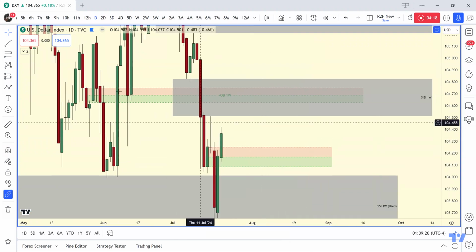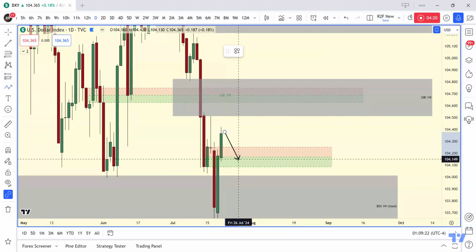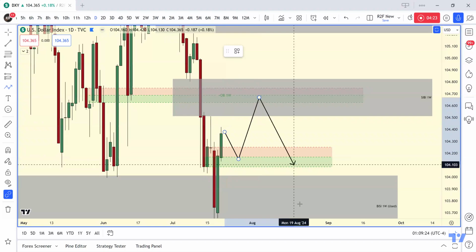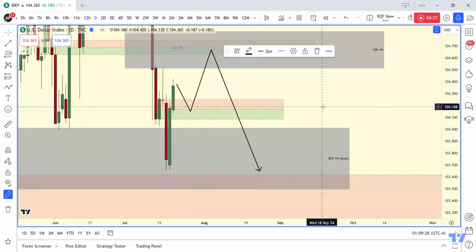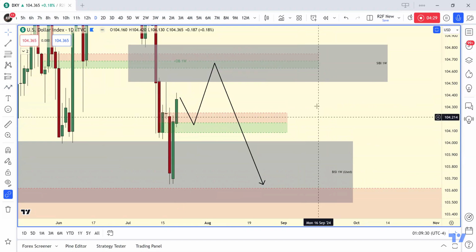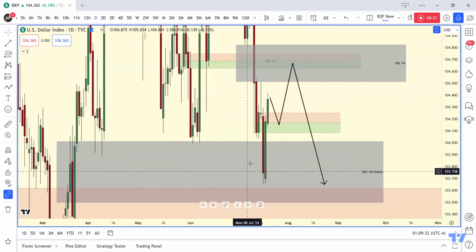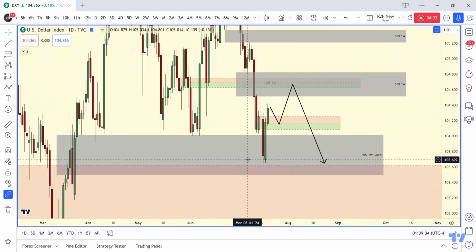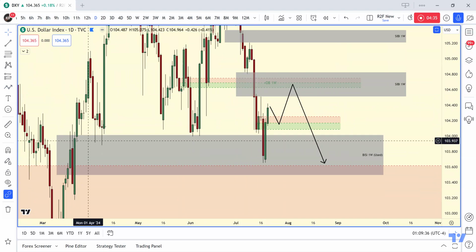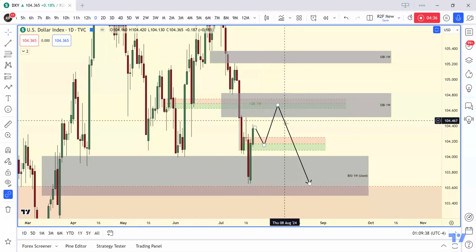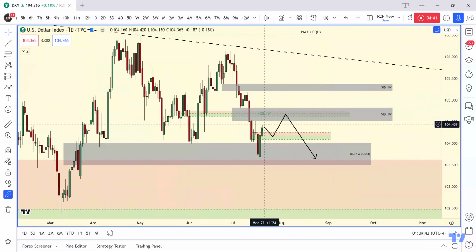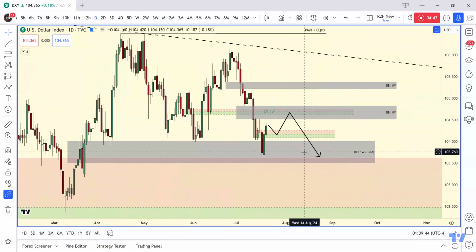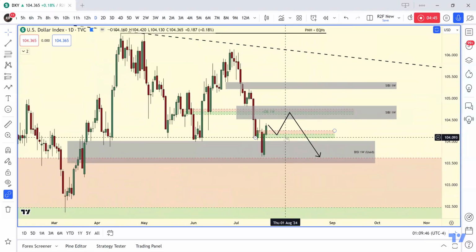So what can happen here? Okay, looking on a lower time frame, building a narrative, and then continue our path, right? That I anticipated on the weekly to go for lower prices. Or look at the nice respect of this order block. Or we could just be moving higher. But if we do start moving higher, we definitely need some strong news to indicate that.